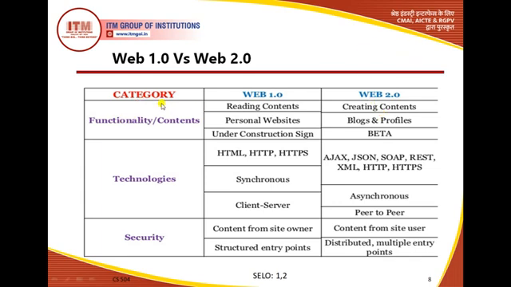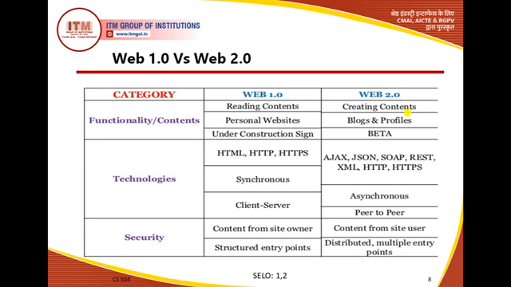This is the category of parameters, or the index parameters, over which we are going to compare Web 1.0 with Web 2.0. As we have already seen, the first functionality is regarding the contents, because reading contents was mostly followed in Web 1.0 technology, whereas creating contents, meaning data creation by the users and then uploading it on the internet, was mostly observed in Web 2.0 technology.